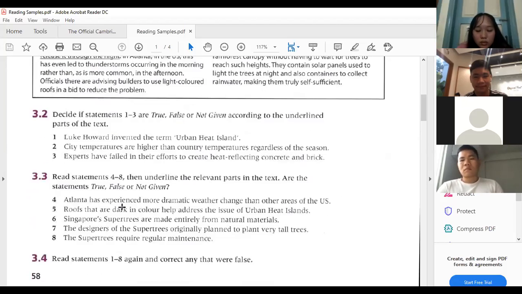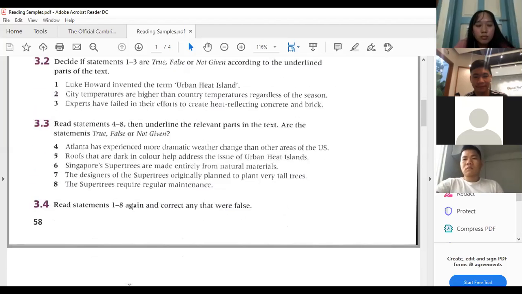So we have other questions. I think you might need to take a screenshot, because you have to read the paragraph on the top. So maybe just take a screenshot of the questions 4 to 8, so you can look at that question, and I can scroll to the section of the reading article.